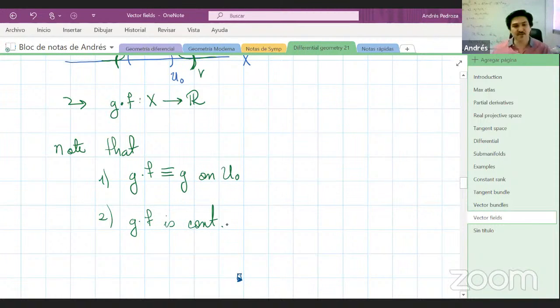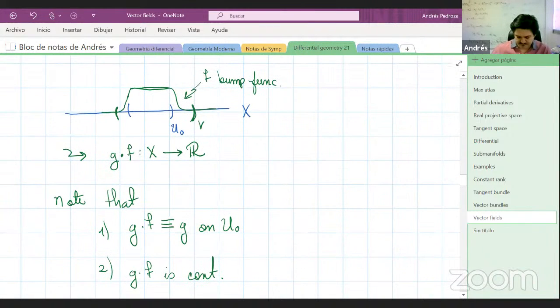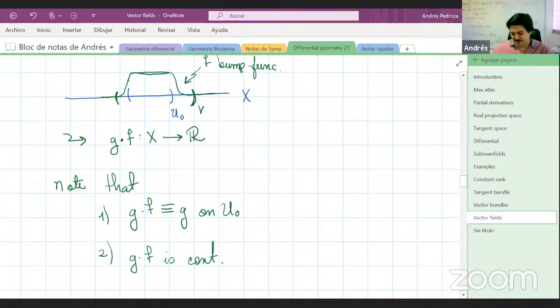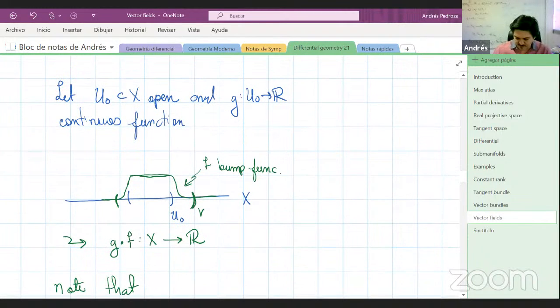Well, the first one is obvious because F is 1, but the second one, it requires more effort to show that it is continuous. Okay? So this is an application of bump functions. If you have a local object, how to make it into a global object.